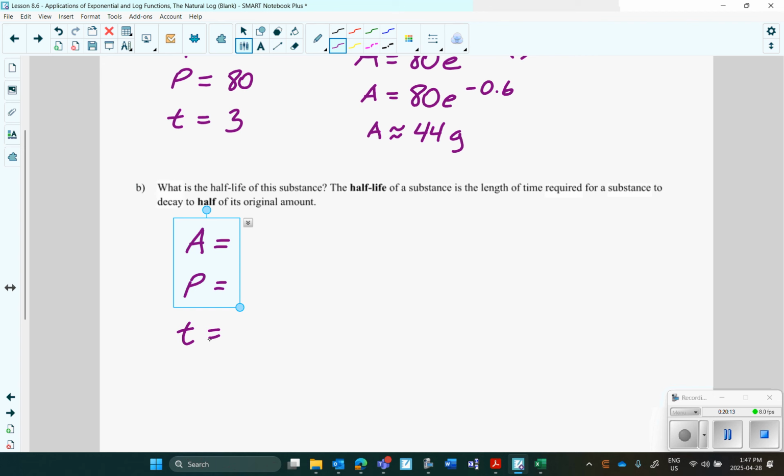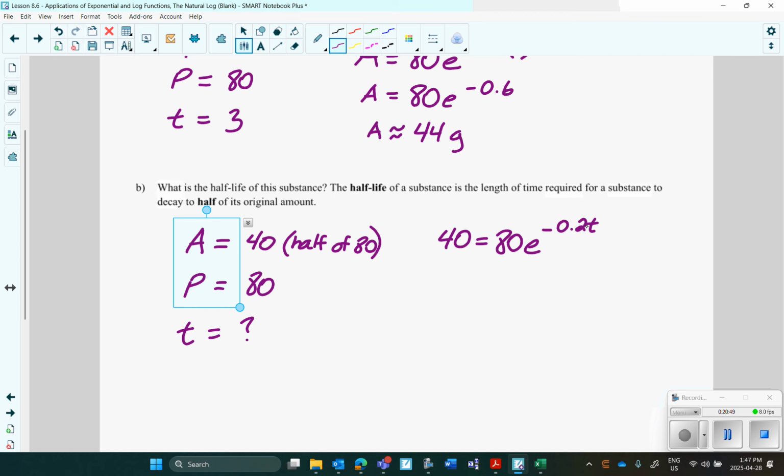What's the half-life? I'm trying to find how long, t. P is 80, which means A must be 40. Because it's half of 80. So using the formula, 40 equals 80 times e to the negative 0.2 times t.